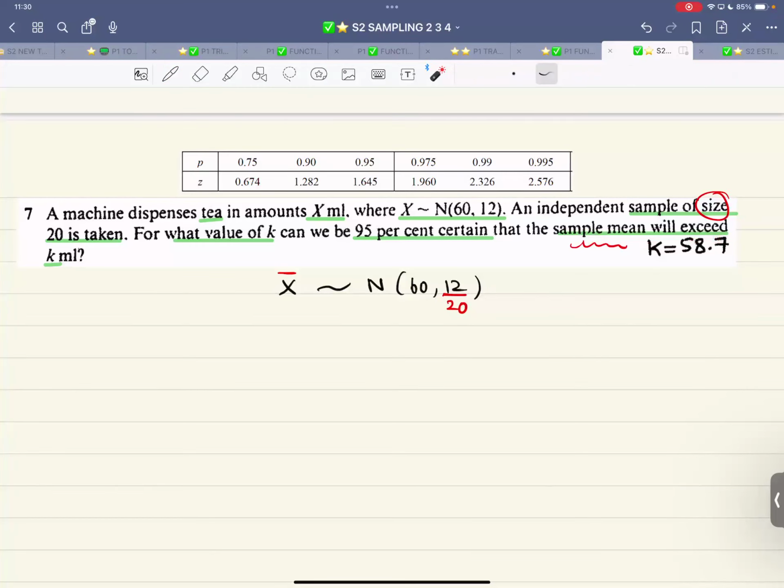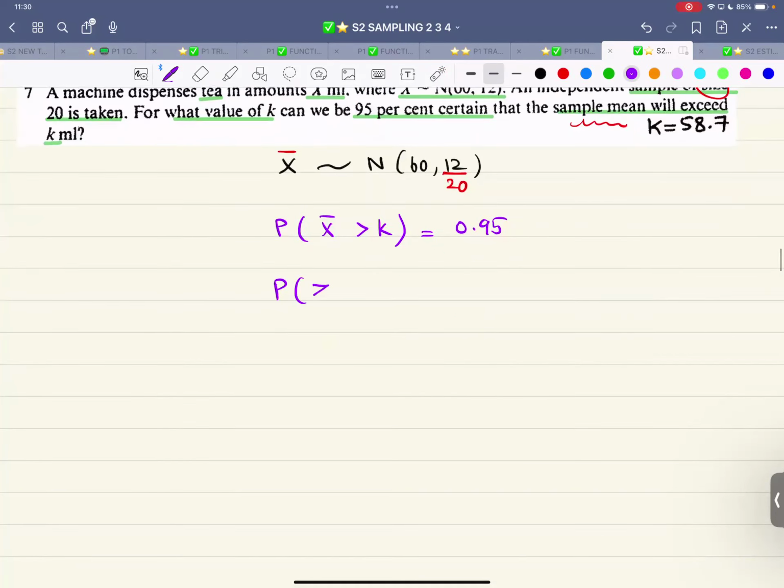Exceed means greater than k, and this probability is 95%. So probability x bar greater than k is 0.95. Probability z greater than k minus 60 over square root of 12 over 20 is equal to 0.95.